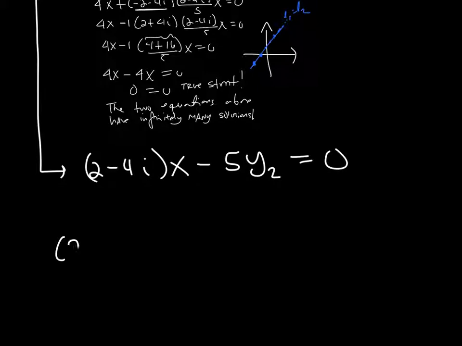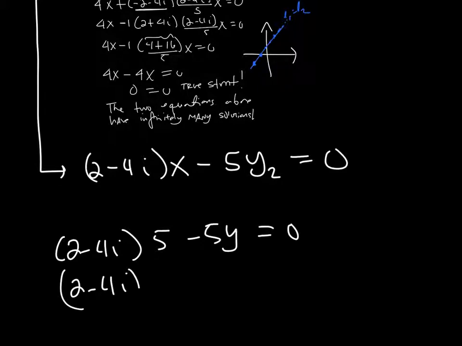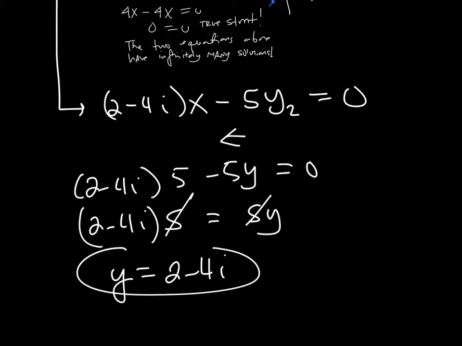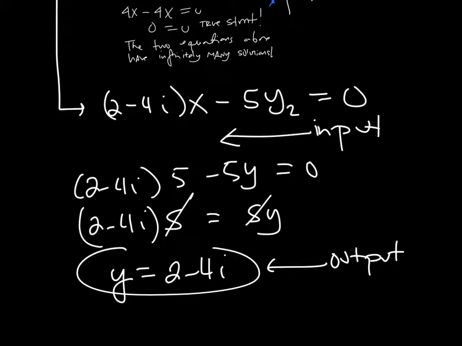So if I substitute my 5, okay, so minus 5y equals 0. Oh, might as well show all the work here. It's just some algebra, equals 5y. And my 5's are going to cancel, right? I'm going to divide by 5, and I'm just going to get 1. So what do I get? y equals 2 minus 4i. Okay, so my input was 5, and my output was 2 minus 4i.